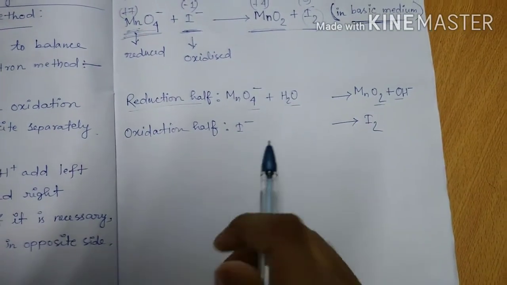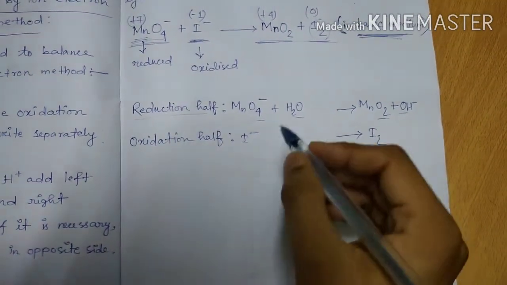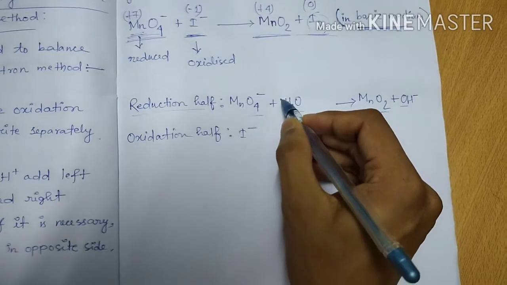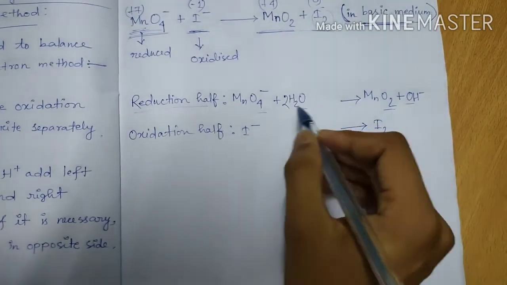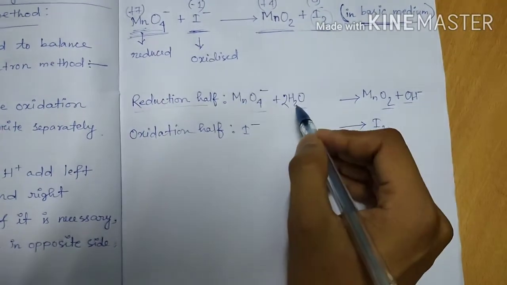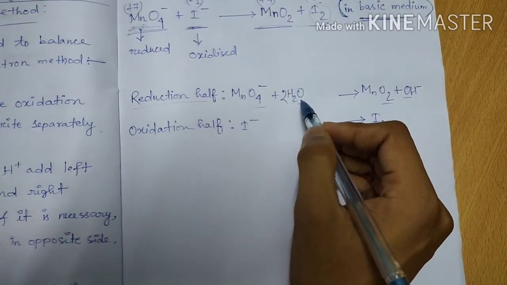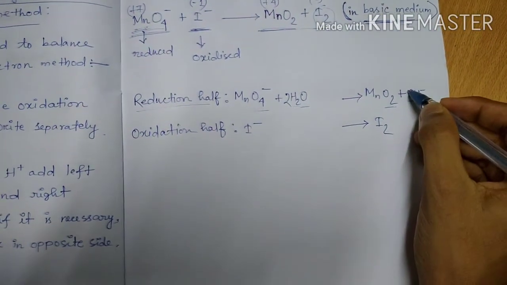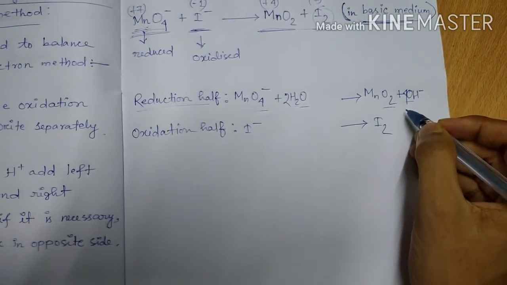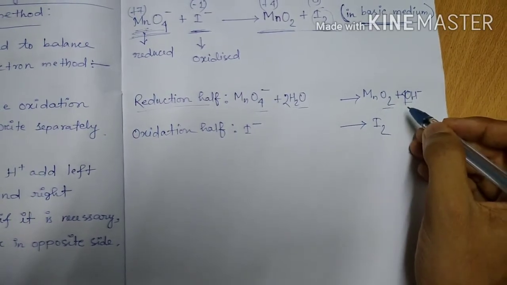Okay, so if we multiply by 2 here, then the number of oxygen atoms has become 6. Here 4 and here 2, so again we have to multiply by 4 here also, then only the number of oxygen atoms will be balanced.